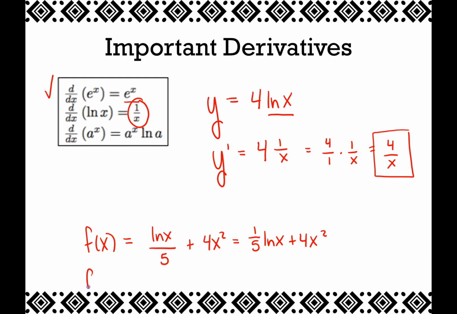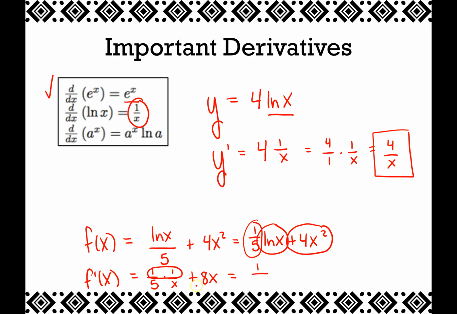So my answer, f prime of x, is simply going to be 1/5 times the derivative of ln x, which is 1 over x. And now we take the derivative of this, and that is 8x. Simplifying that, multiplying across here, I get 1. Multiplying across here, I get 5x. And then we've got our plus 8x.